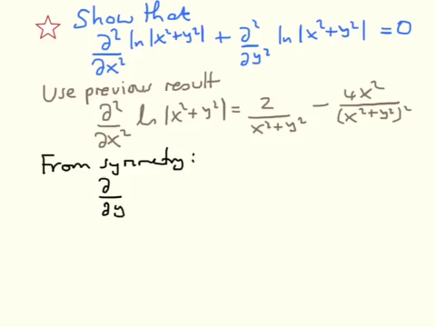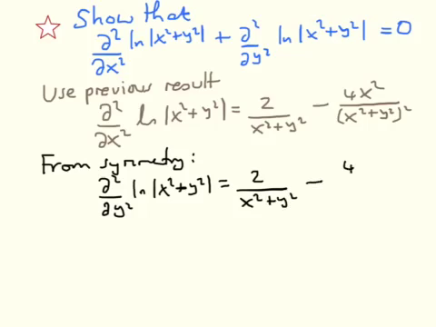So the second derivative with respect to y of this logarithm is going to be exactly the same result, 2 over x squared plus y squared minus 4, but now the x squared on the top has to be replaced by y squared, divided by (x squared plus y squared) all squared.